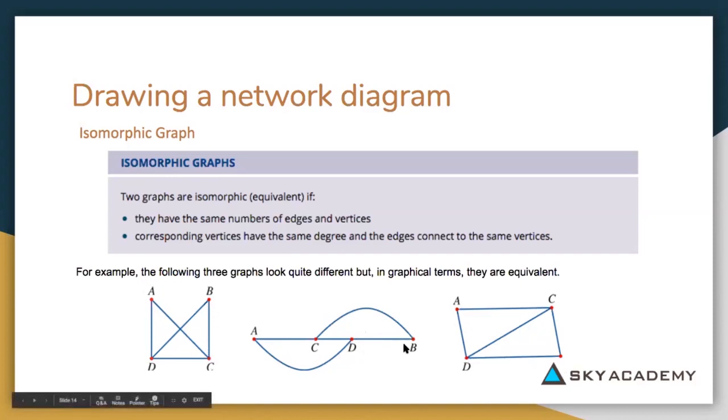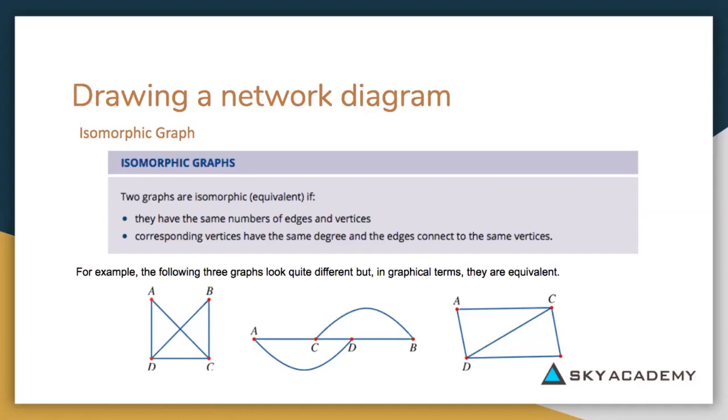So all the edges connect to the same nodes on all three graphs. There are the same number of edges on each graph, the same number of nodes for each graph, and the nodes have the same degrees for each graph. So all three of these graphs are isomorphic because in terms of edges, nodes, and degrees, they are equivalent.